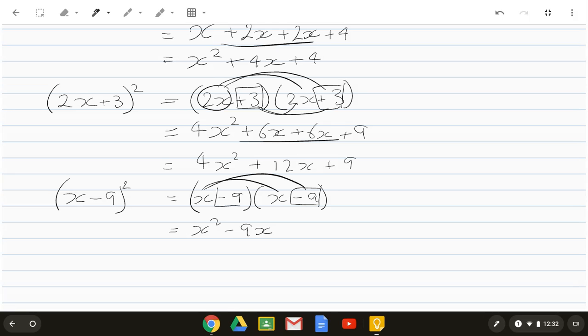Then we move on to this minus 9 times x is also minus 9x. And minus 9 times minus 9, and minus times a minus is a positive. 9 times 9 is 81. Collect our like terms. x squared minus 18x plus 81.